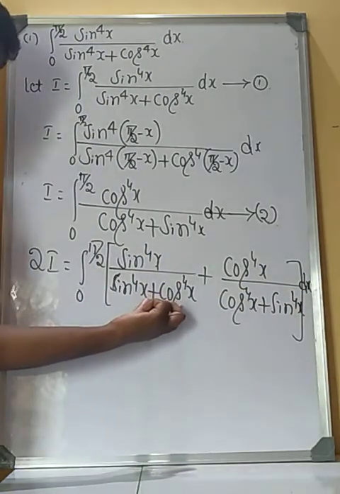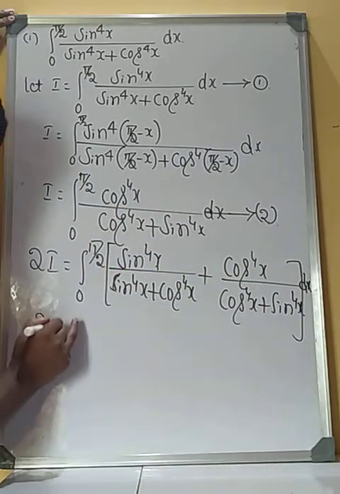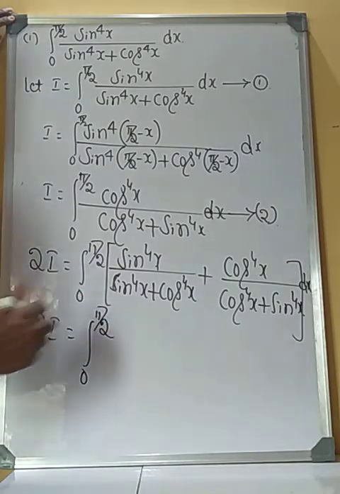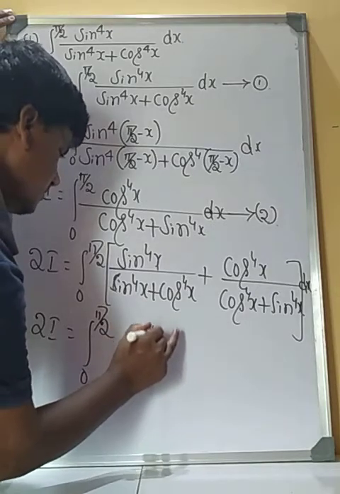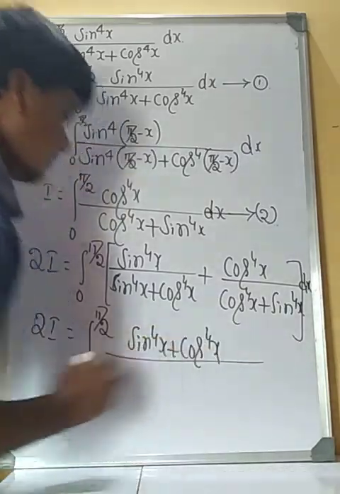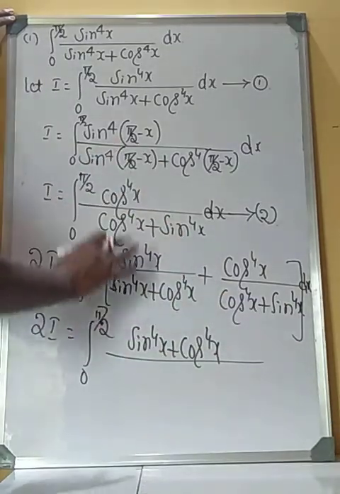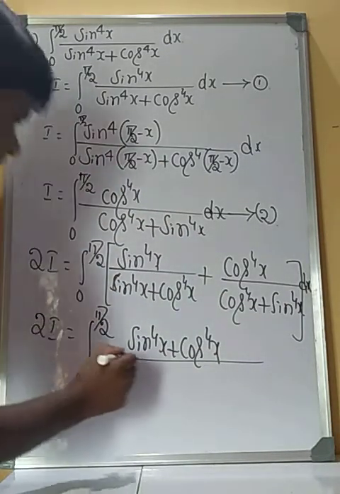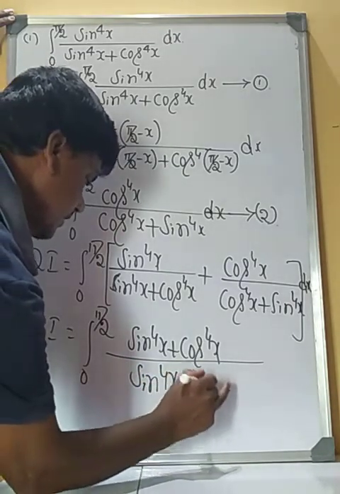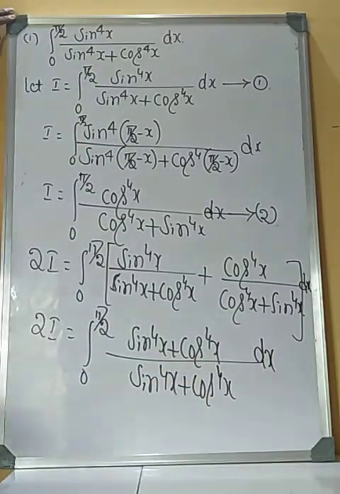Here denominators are the same, so add numerators. Therefore 2I is equal to the integral from 0 to pi by 2 of sin^4 x plus cos^4 x, divided by the denominator cos^4 x plus sin^4 x, which is equal to sin^4 x plus cos^4 x, into dx.